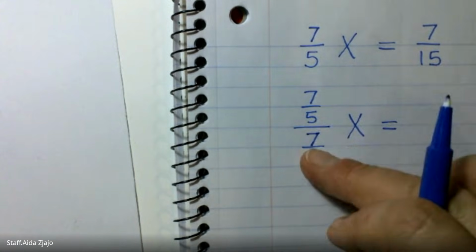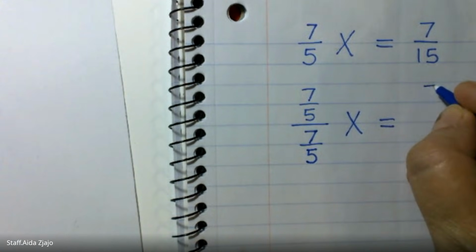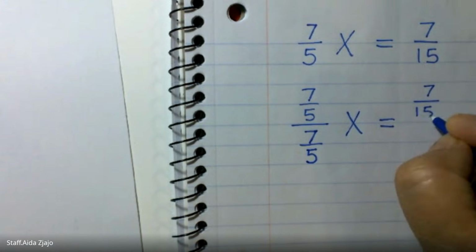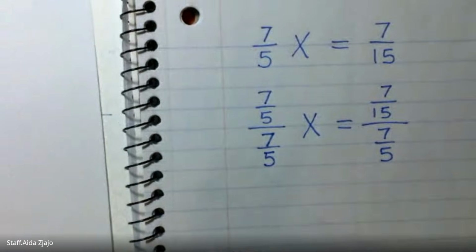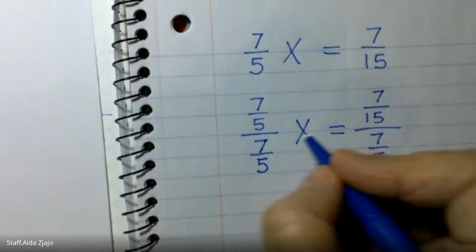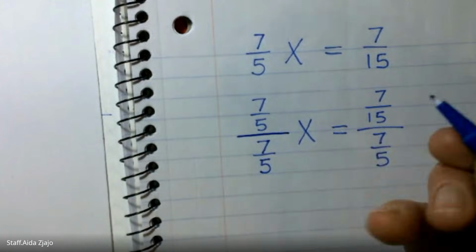Whatever I do to this side, I have to do to the other side. So 7/15 must be divided by 7/5.